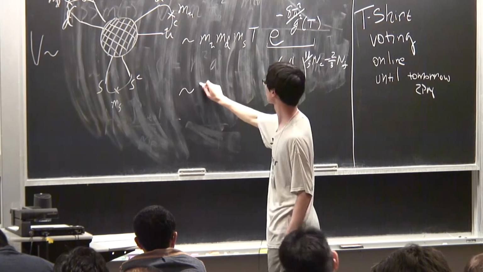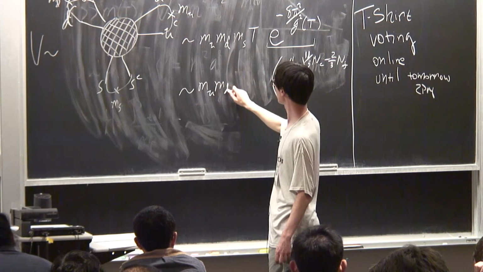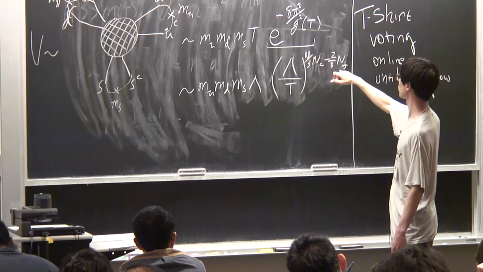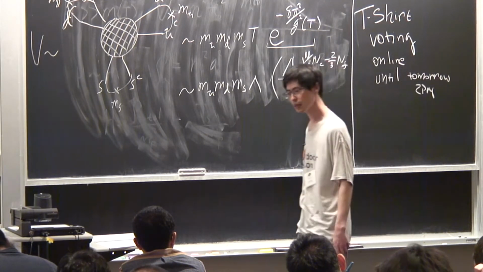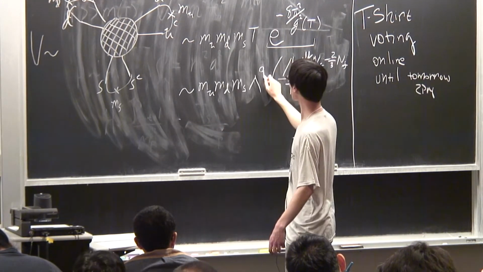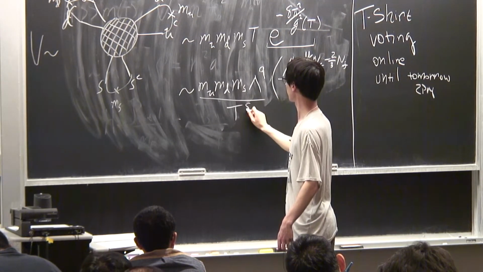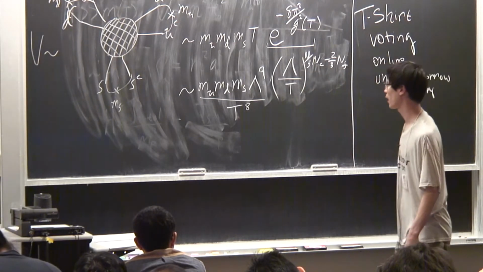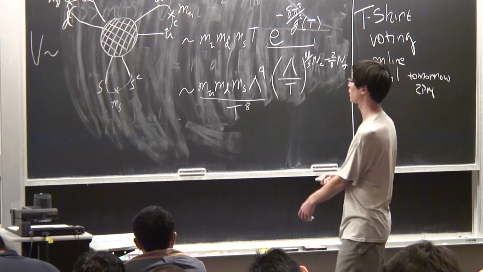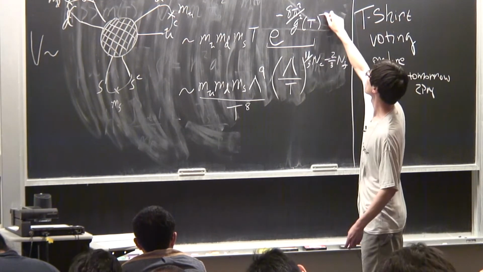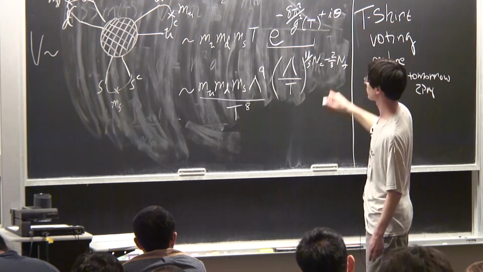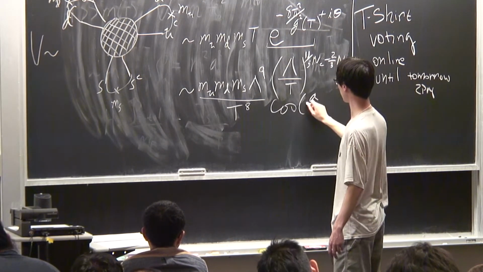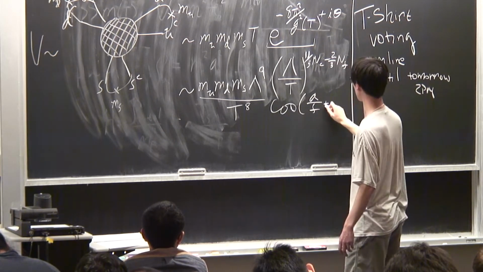So this gives m_u m_d m_s, lambda to the 11 minus 2, which is 9. Is that right? Yes. Over temperature to the 8th. And so this is the leading order estimate for how the potential scales. And then there's a plus i theta here. So this actually is a mass term that I didn't write. You have cosine of a over f plus theta bar here.